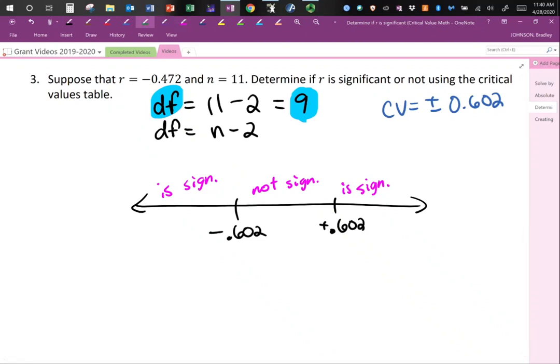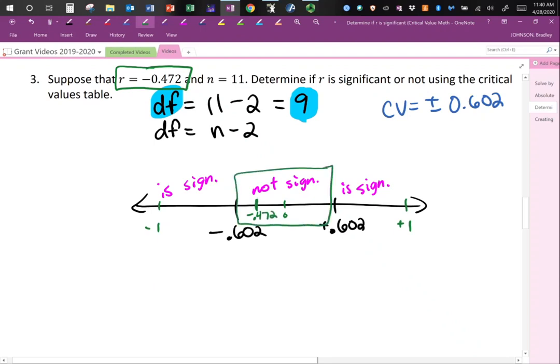Now I will label where r equals negative 0.472. Negative 1 is out here, positive 1 is out here, 0 is right here, so negative 0.472 would be somewhere in here. Now look, I have fallen in the in-between. And when you're in the in-between, this is not significant.